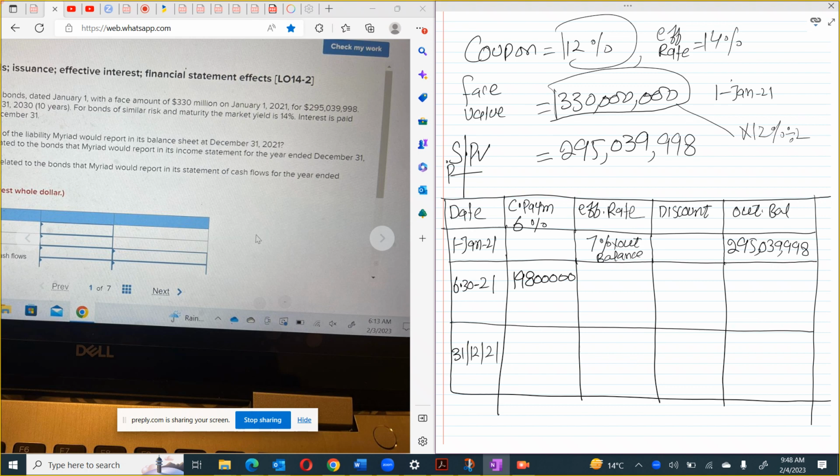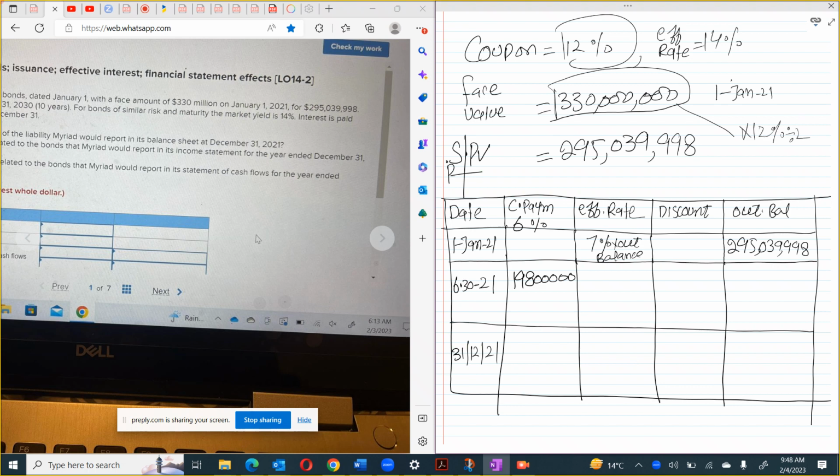I will credit the cash, this is 14,800. I will credit the discount on bonds. This is the difference, 3603, this one.